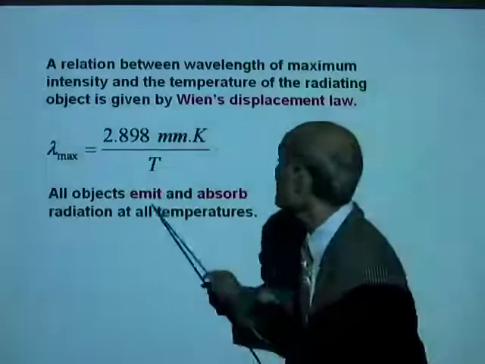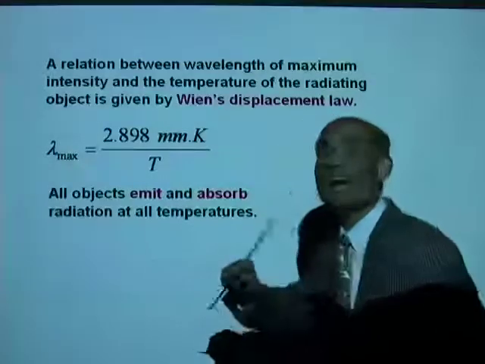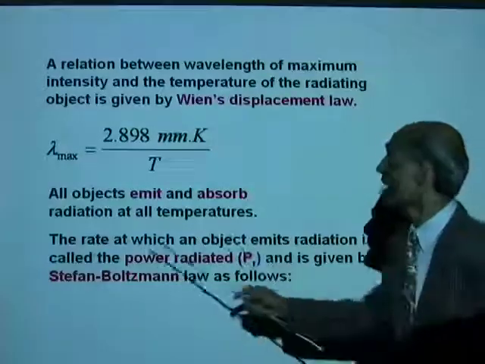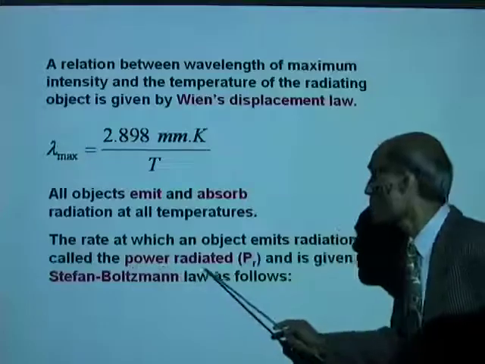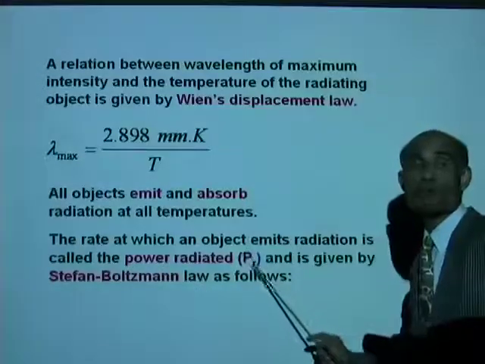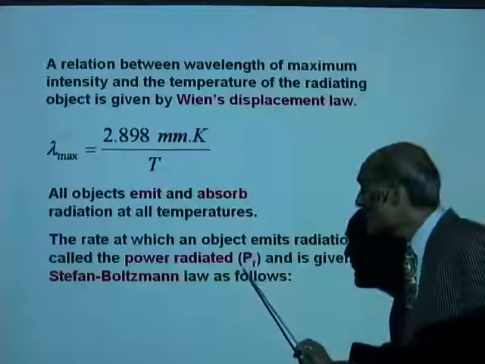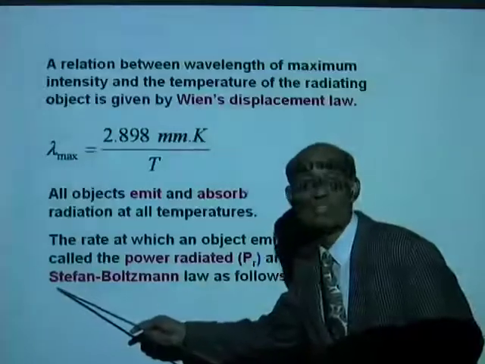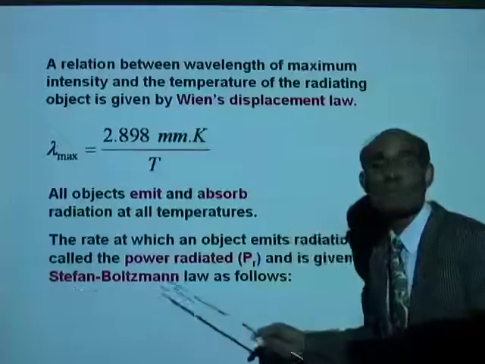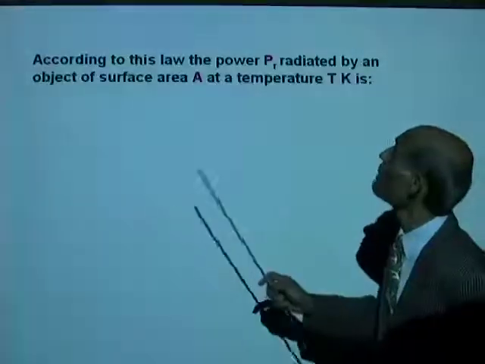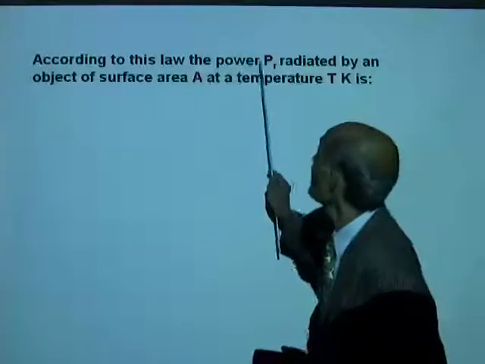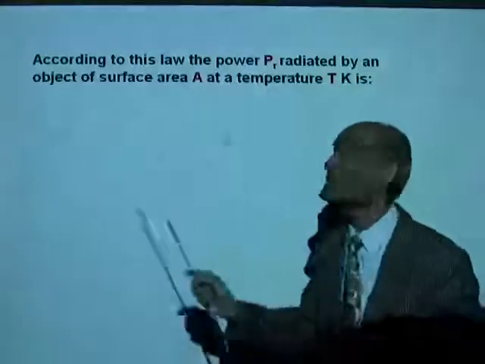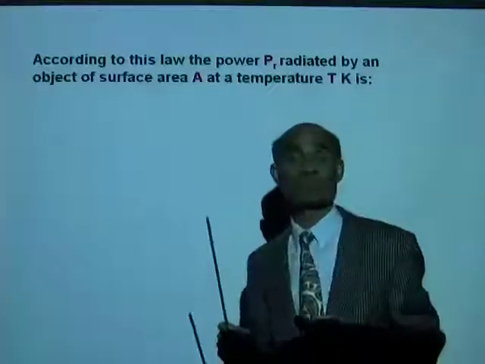All objects emit and absorb radiation at all temperatures. The rate at which an object emits radiation is called the power radiated. I'm going to call it P sub R, and the amount of power radiated by an object is given by the Stefan-Boltzmann law. The Stefan-Boltzmann law is a relation between power radiated by an object, the area of the object, and the temperature of the object.